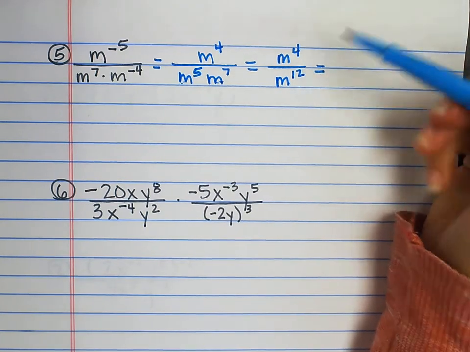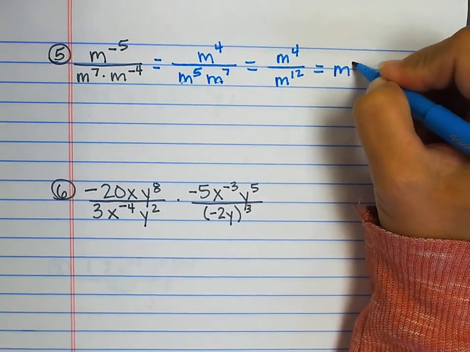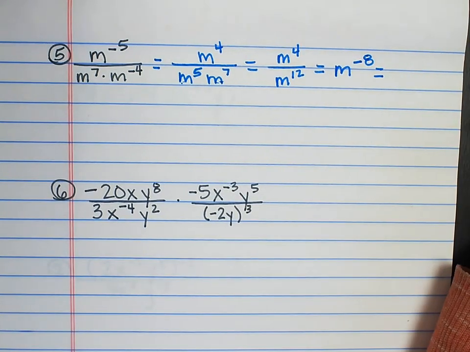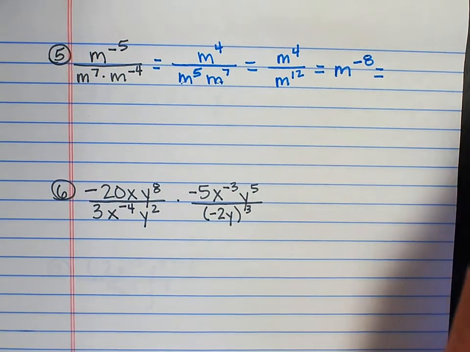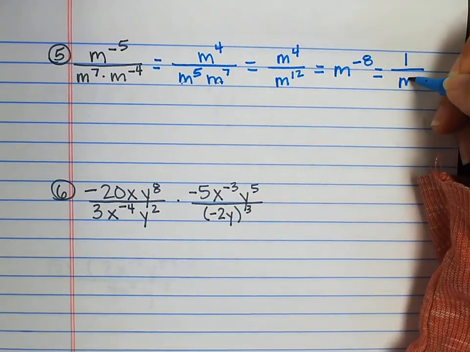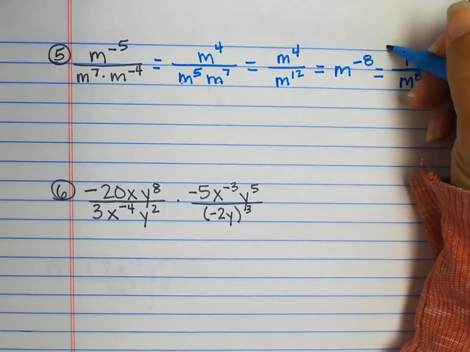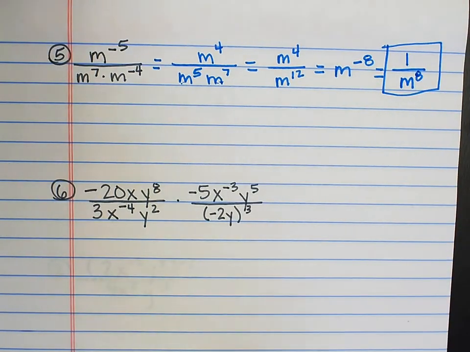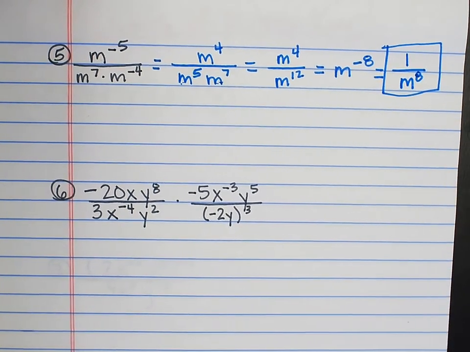So 4 minus 12 gives me m to the negative 8th. I know that I cannot have negative exponents in my answer, so I must put a 1 over it and remove the negative. 1 over m to the 8th is going to be the final answer to this problem.